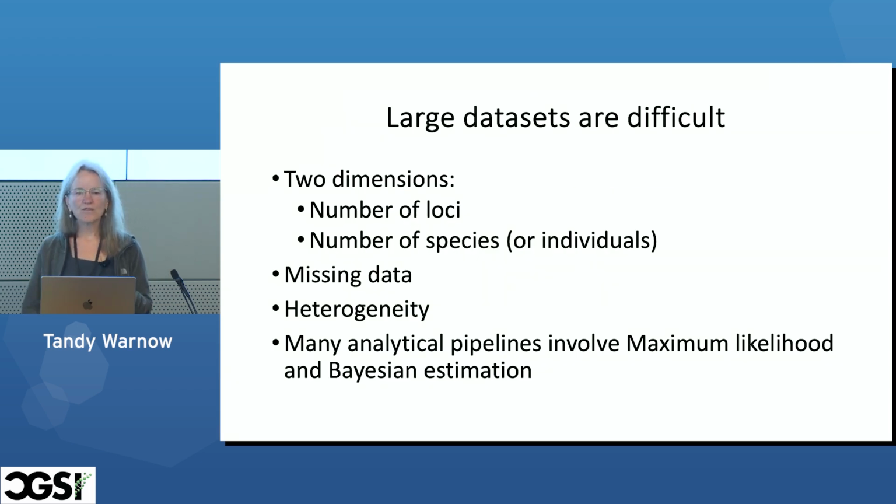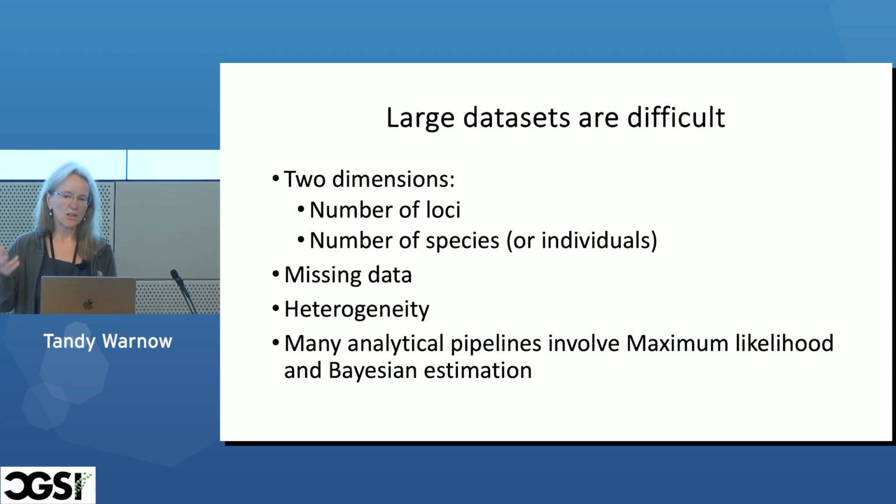Large phylogenomic data sets are difficult, but there are two types of large. One is the number of loci, which is to say genomic regions. I also just refer to them as genes. Genes doesn't mean protein coding. It just means a region in the genome. The other is the number of leaves in the tree that you're constructing, which could be species or individuals.